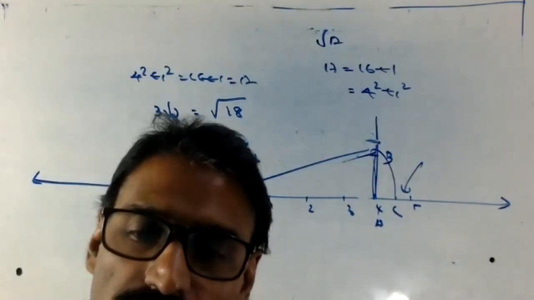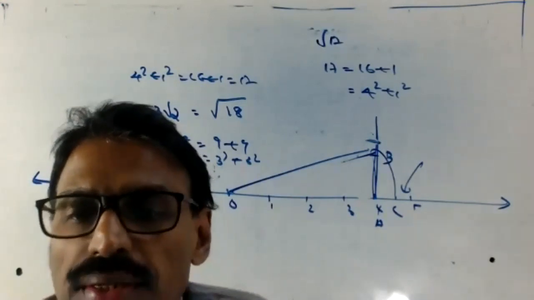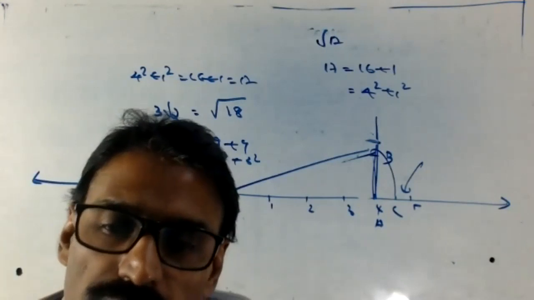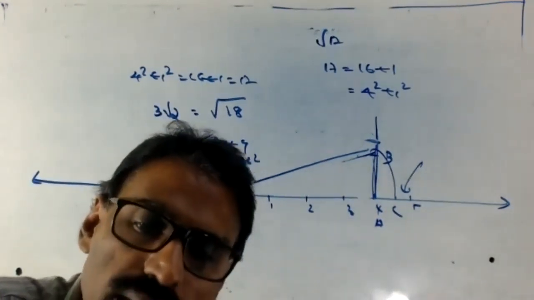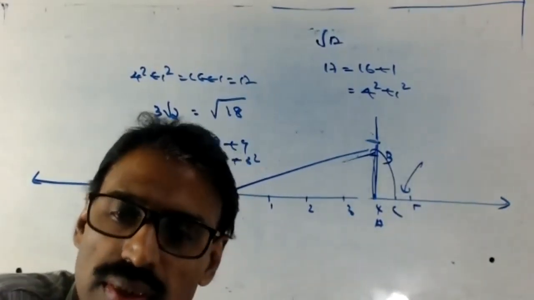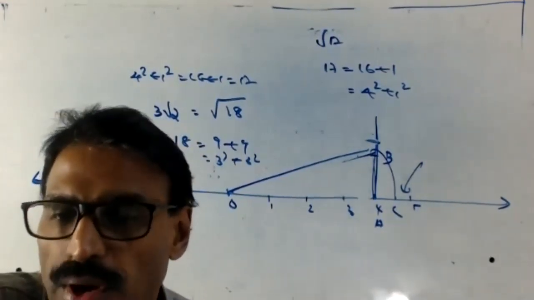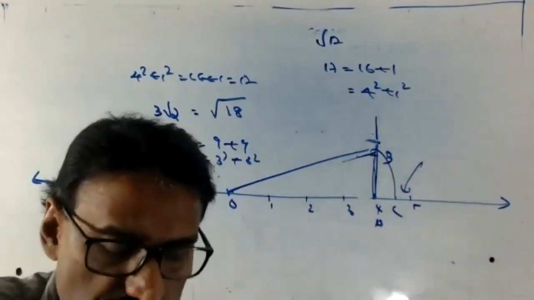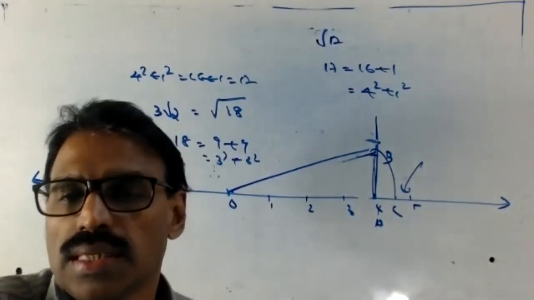Like that, every real number has a unique point on the number line, even if it is rational or irrational. That means all rational and irrational numbers, all real numbers, have a unique point on the number line.